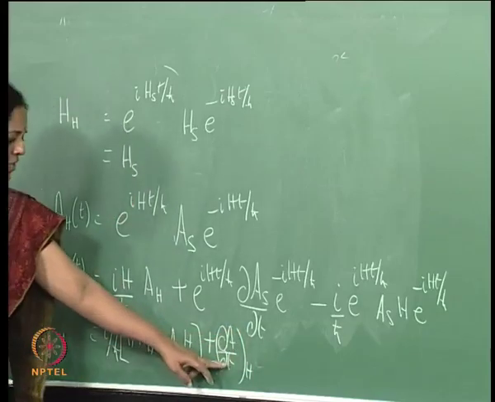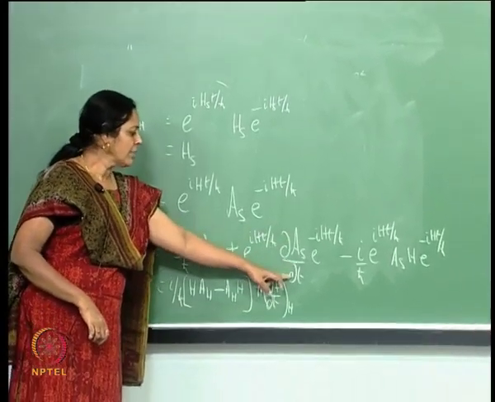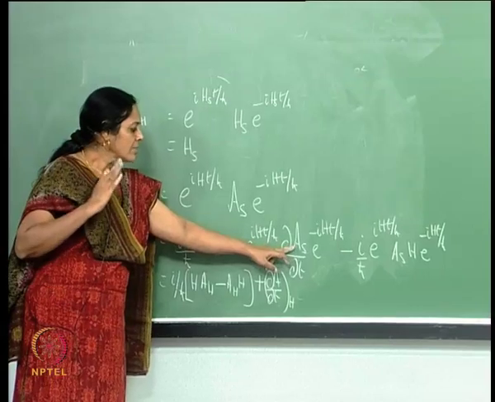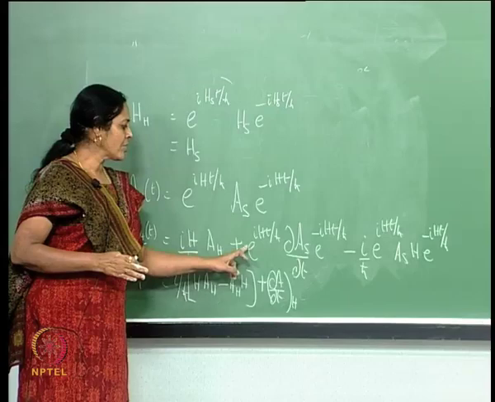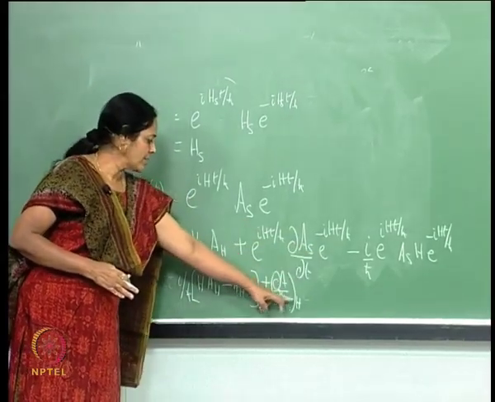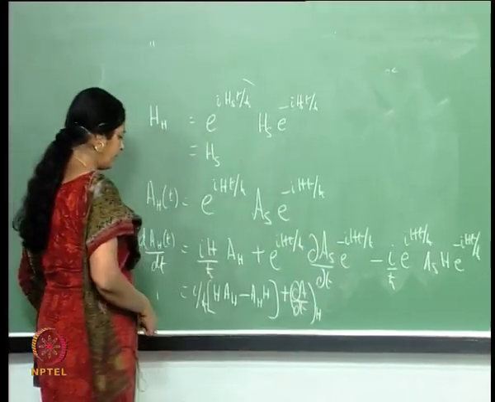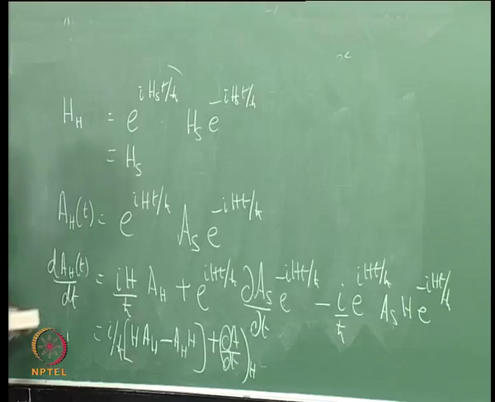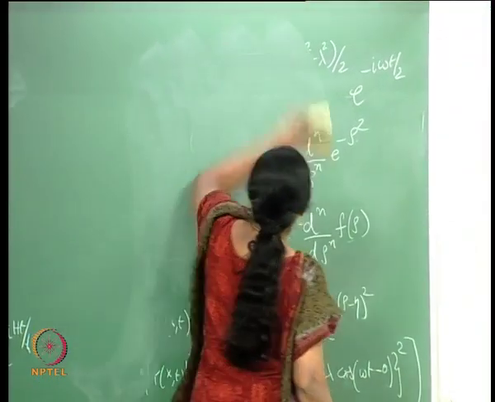This is a notation that I use. By this I mean differentiate with respect to time just the explicit time dependence in the Schrodinger picture, sandwich it between U inverse and U, and you get this object in the Heisenberg picture. This is my definition.